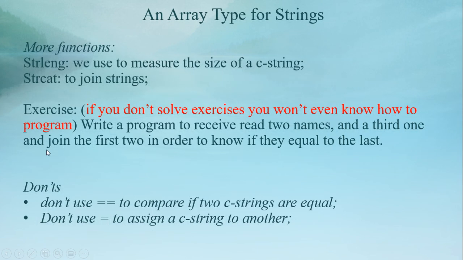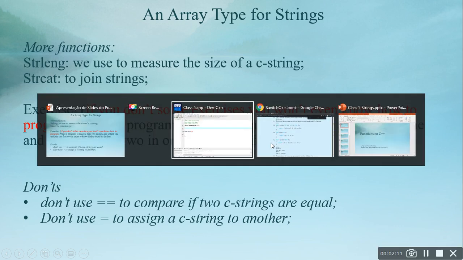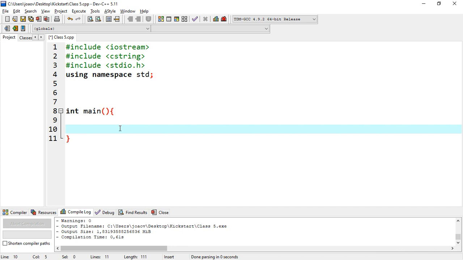So let's continue. More functions. We can take the length, we can concatenate strings with strcat. So write a program to read two names and a third one, and join the first two in order to know if they are equal to the last. So let's just do it here.